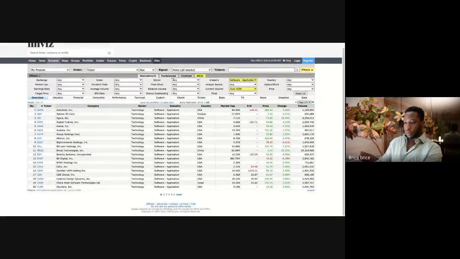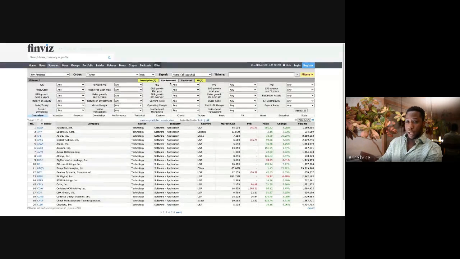After that, if you click under Fundamental here, you can see that there is everything that was just mentioned. There is the PE ratio right here that you can filter by. If you want to go under a number or over a number, you can just filter by that. You can also go for EPS growth. I usually use that.